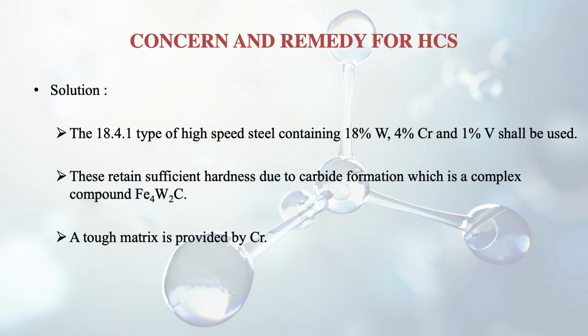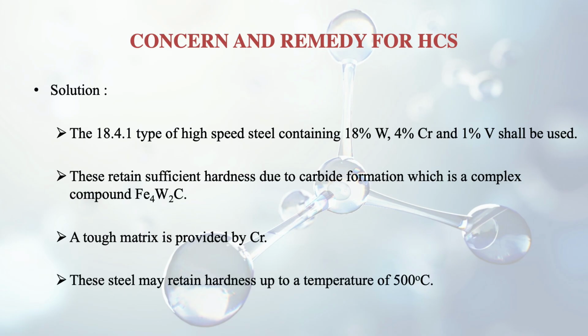With the help of the chromium present in this high carbon steel, we will get a tough matrix. So toughness will also be retained, and these steels may retain hardness up to a temperature of 500 degrees centigrade. Above that, the hardness goes down. So for that purpose we use this 18-4-1 type of steel.